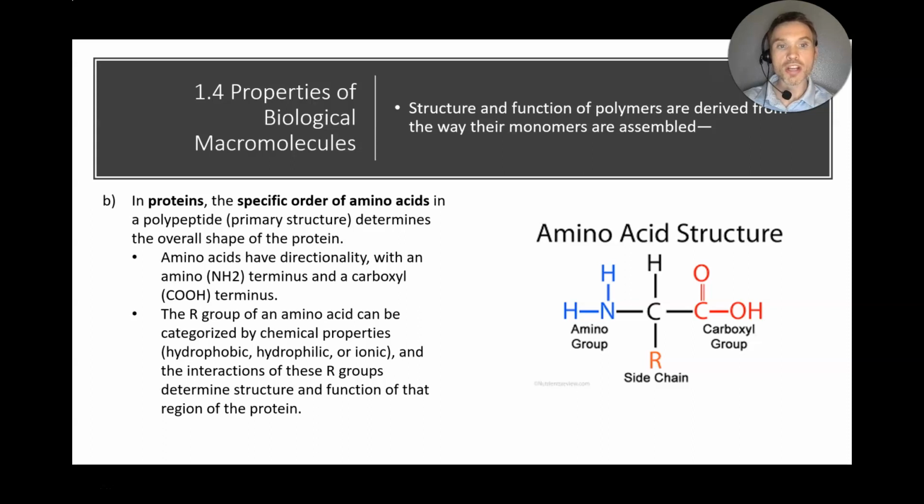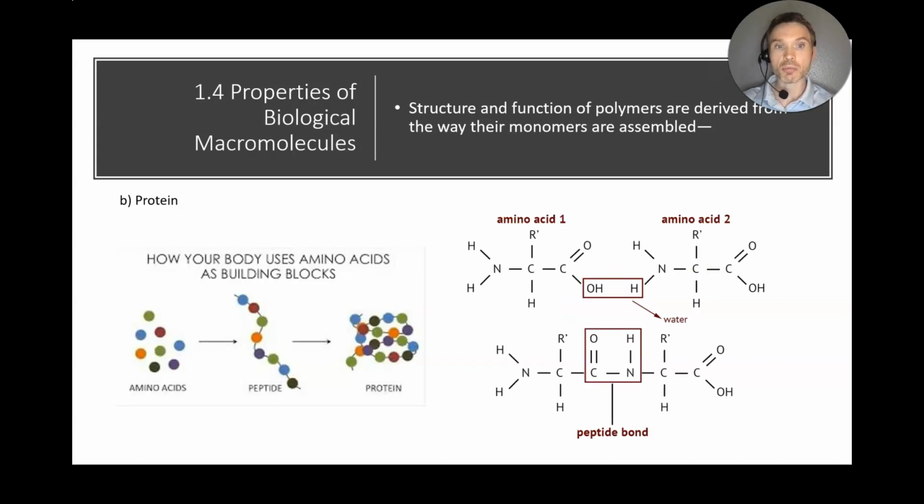There are actually 20 different amino acids that our body is able to utilize. Each amino acid has the same structural backbone, the amino group and the carboxyl group, but what's unique with each amino acid is that side chain. This is the way that your body takes these individual monomers and adds them together to form long peptide chains and eventually a protein.